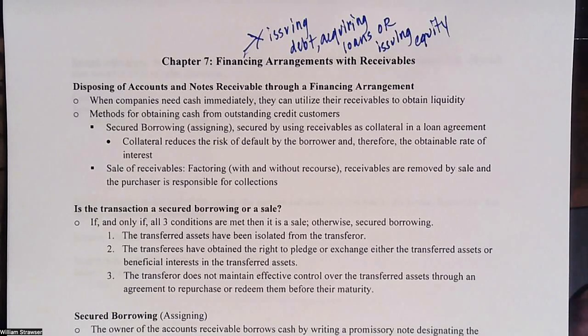However, we can structure financing arrangements that involve our accounts receivable. So this will occur perhaps if the company needs cash immediately, right? Then they can utilize this asset they have to obtain enhanced liquidity.